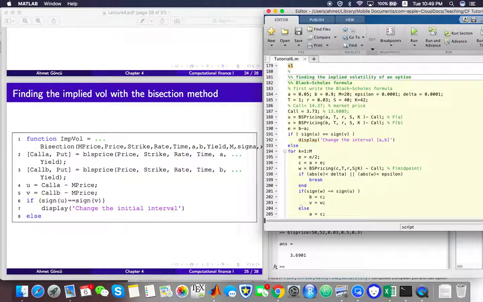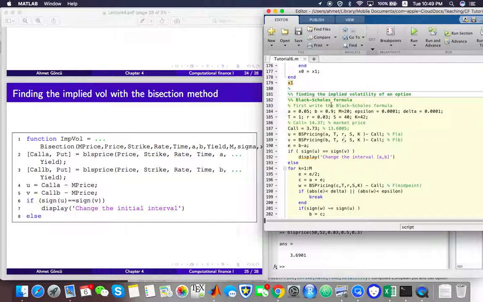So let's apply this in this context. Suppose our initial interval a to b is from 0.05 all the way to 0.9. Since we are looking for the implied volatility, usually the range of reasonable values will be from some small number close to 0 all the way to maybe 100%, which is equal to 1.